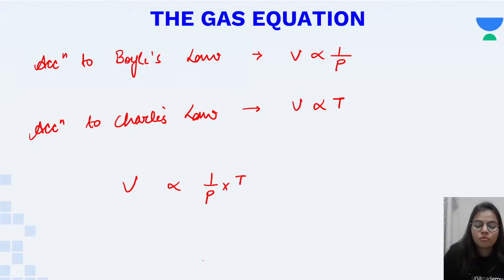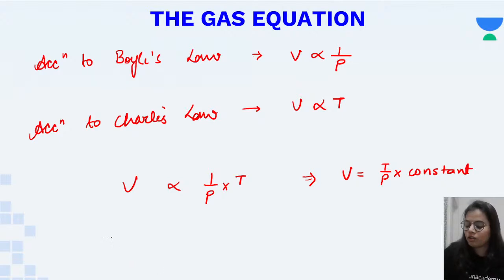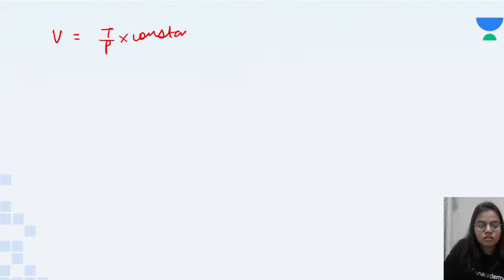Now removing this proportionality sign, what do I get? I get V is equal to T upon P into constant.